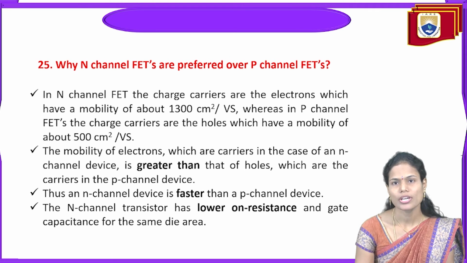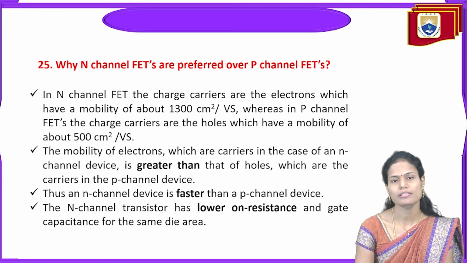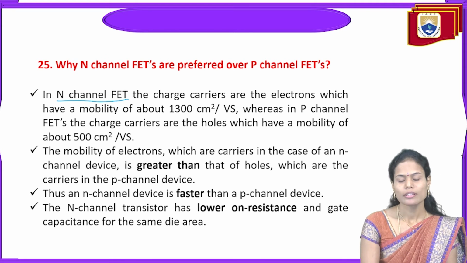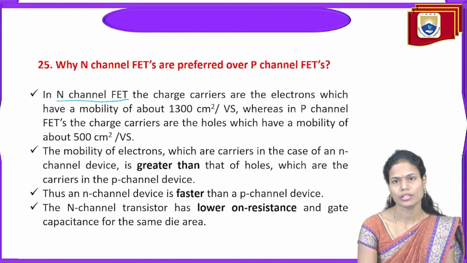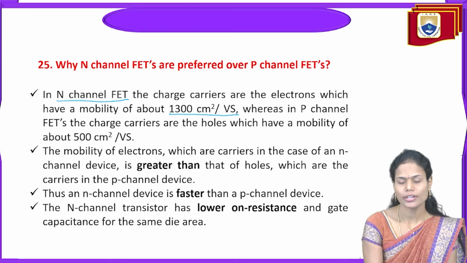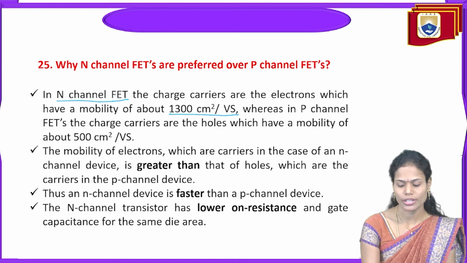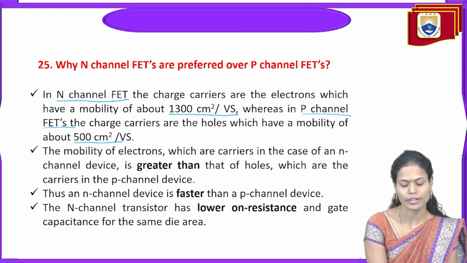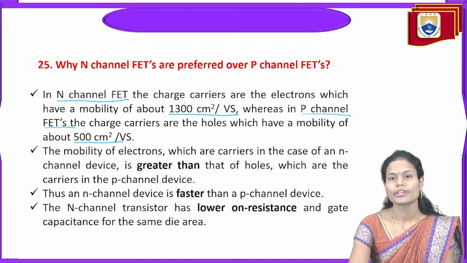See, if we look at the movement of charge carriers in both the P-channel MOSFET and the N-channel FET: in the case of N-channel FET, the mobility of the charge carriers is about 1300 centimeter square per Vs. But in the case of P-channel FETs, the mobility of the charge carriers is only about 500 centimeter square per Vs here. So almost 800 difference is there here.